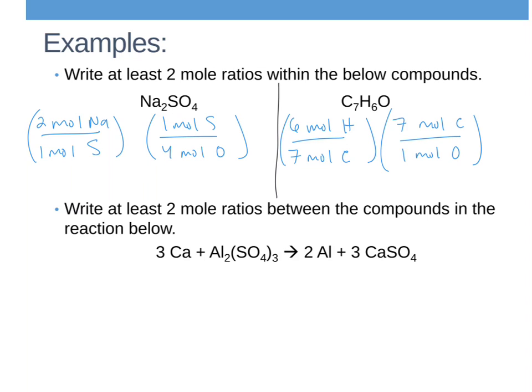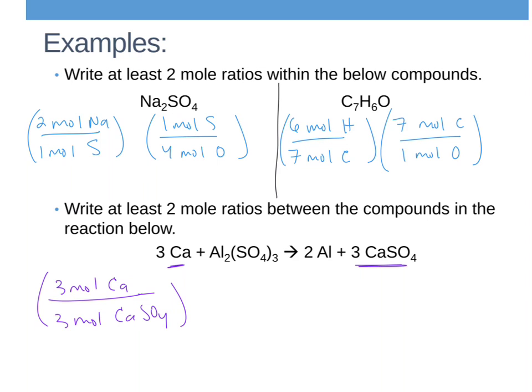Now for the last one, you can just pick like so many. I only asked for 2, so let's just pick the calcium to the calcium sulfate as 1. So I've got 3 moles of calcium. Apparently, I make 3 moles of calcium sulfate. Now you'll see in my videos and lectures, I go ahead and keep the 3s there.